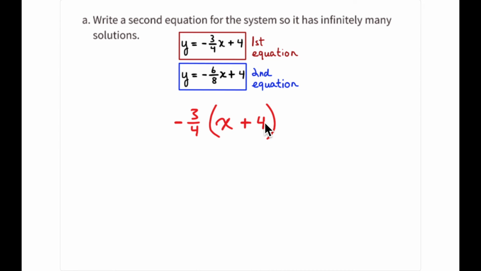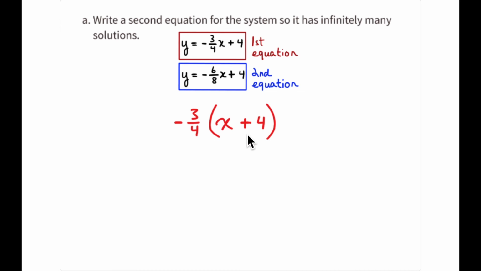I'm just going to write this in parentheses. Now these two expressions are not equal to each other. This is equal to negative 3/4 x plus 4. This is equal to negative 3/4 x plus negative 3, because a negative 3/4 times 4 is negative 3.